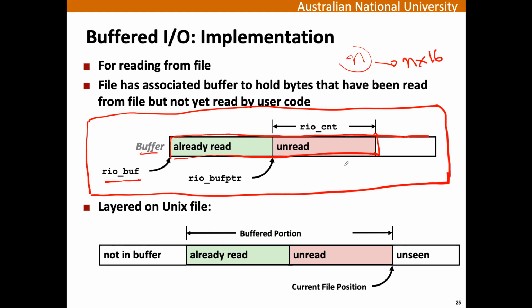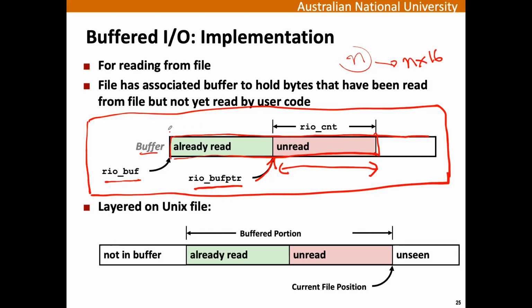So the buffer at any point has a buffer pointer, which points to the beginning of the bytes that haven't been read yet by the programmer, but they have been transferred from the file on disk into this RIO buffer.